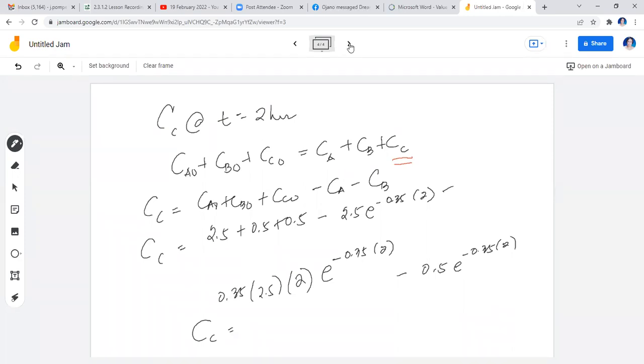The answer for C sub C should be 1.1416 or something close to that. Did you get the answer?